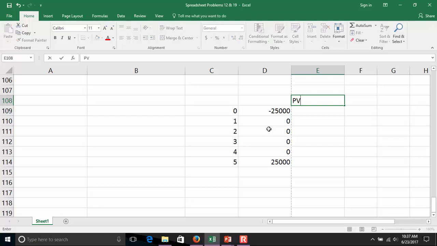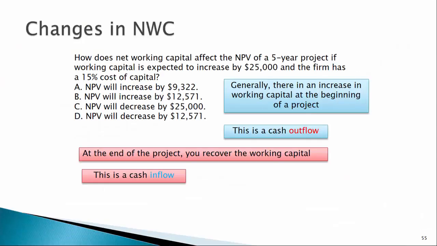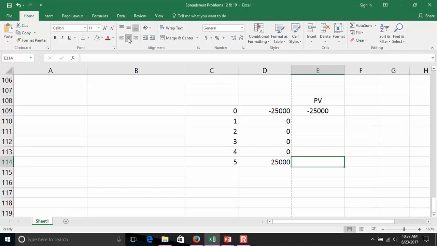The present value of spending $25,000 today is just spending $25,000. But 5 years from now, that's going to be different. We have to find the present value of that. The cost of capital, which is the same as the discount rate, is 15%. So I'm going to take that $25,000 and divide it by 1 plus 15% raised to the 5th power. I get that much money.